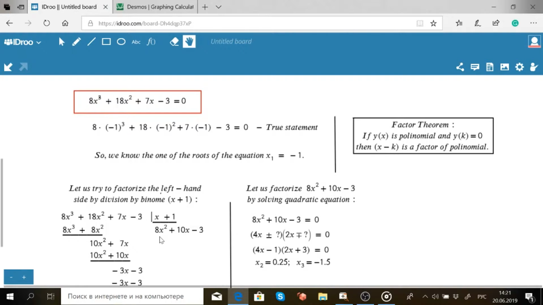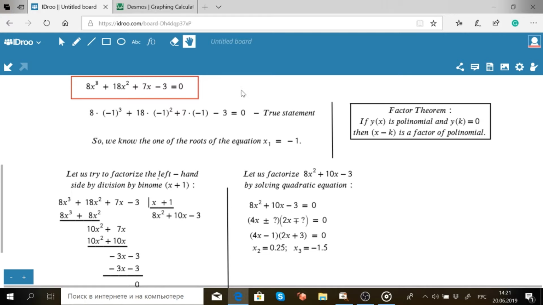After using long division, we have 8x squared plus 10x minus 3 as the quotient, and we will continue to factorize it further. To do it, we will apply the probing and checking method.